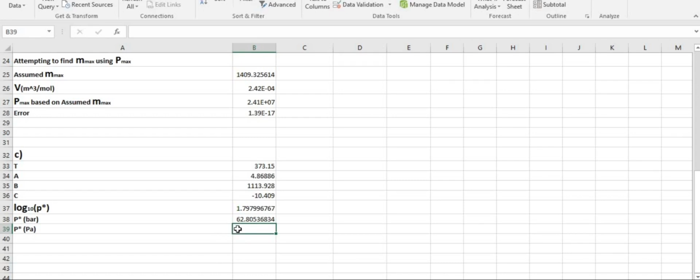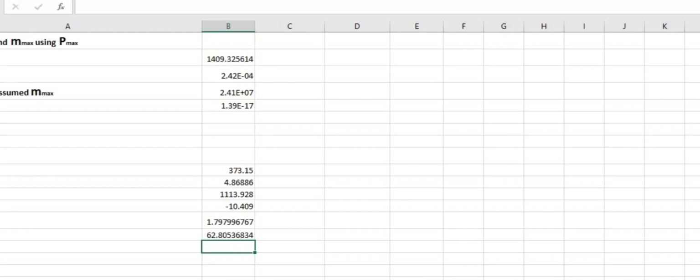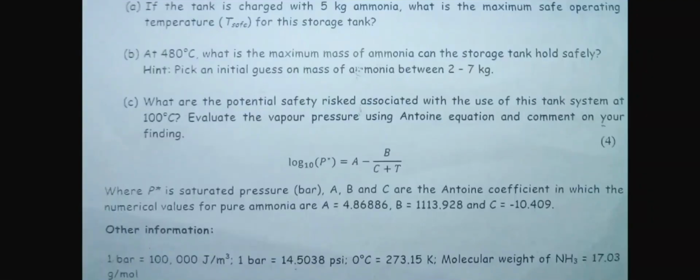To convert it to Pascal, you can first convert from bar to Newton per meter squared using this relation: 1 bar equals 10 raised to the power of 5 Newton per meter squared.